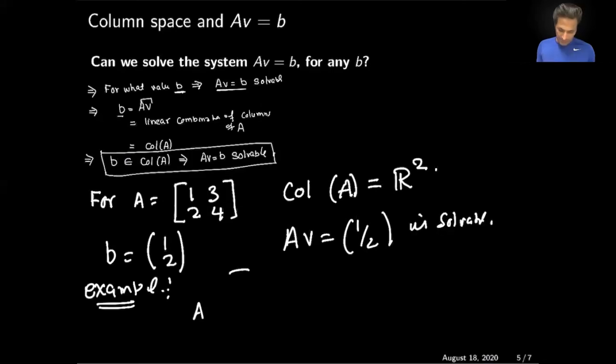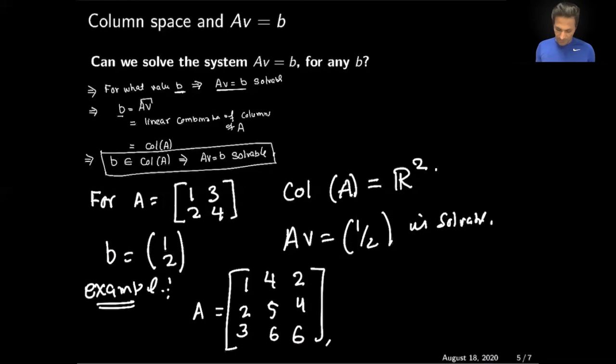Now let's take another example. The matrix 1, 2, 3, 4, 5, 6 with the third row 2, 4, 6. I know the column space of this matrix A is a plane in R3 from the previous discussion.